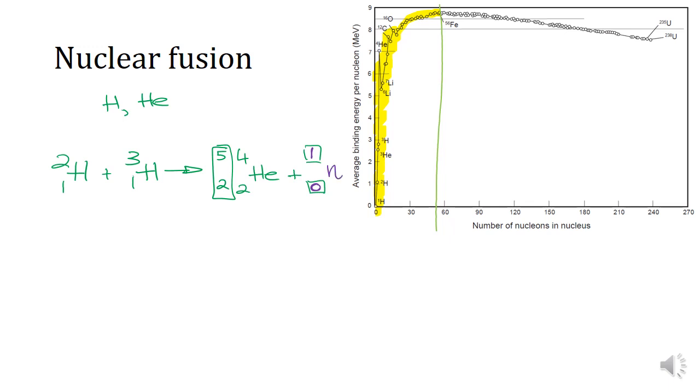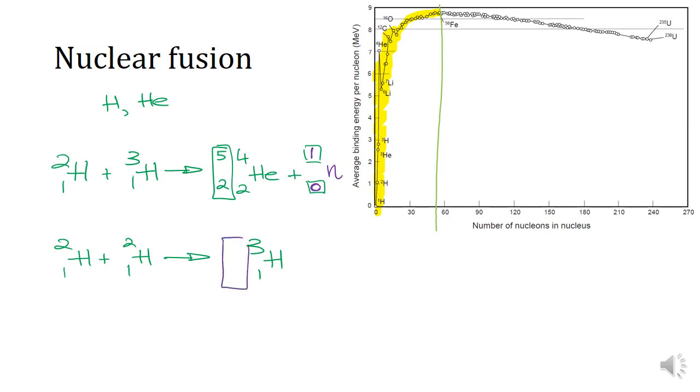So let's do this again. So if I put a deuterium and another deuterium together, and I tell you that we are making a tritium, let's go through the steps of how I work out what I need.